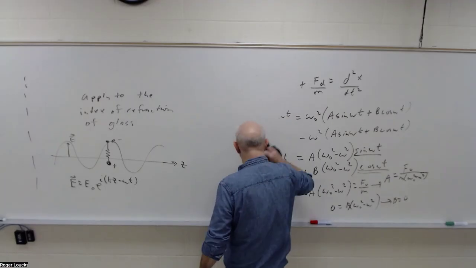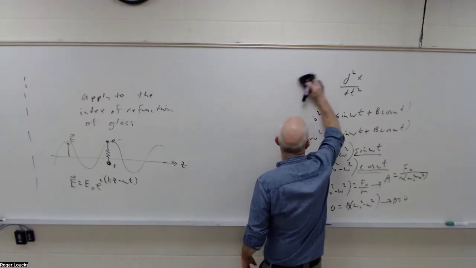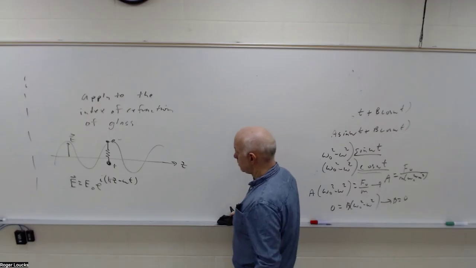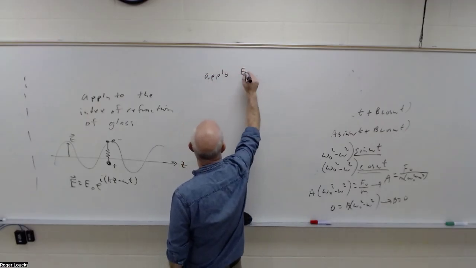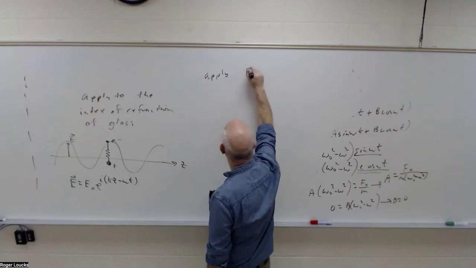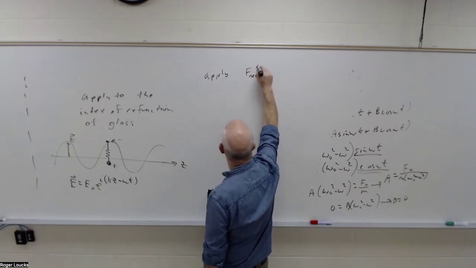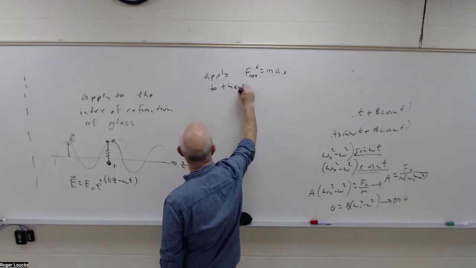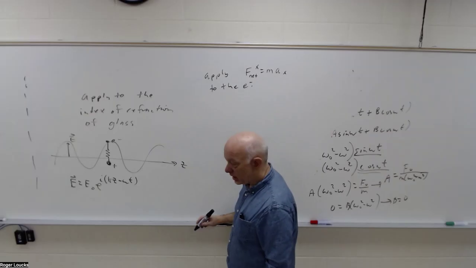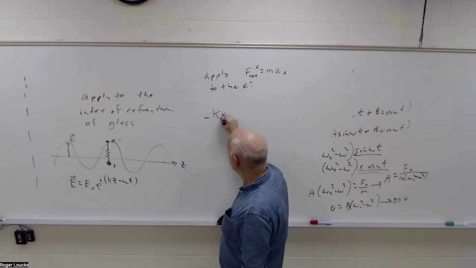If I look at my little electron, applying F equals m a in X to the electron, what do I have? I have minus kx.